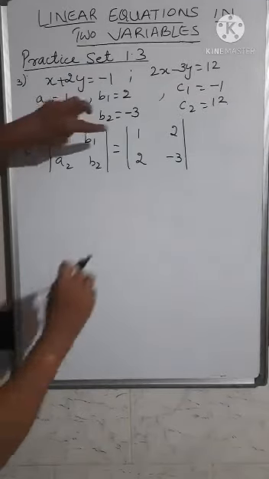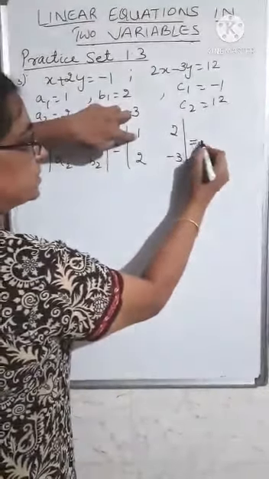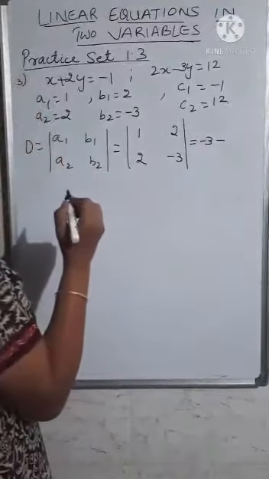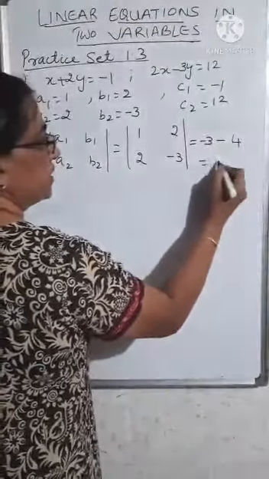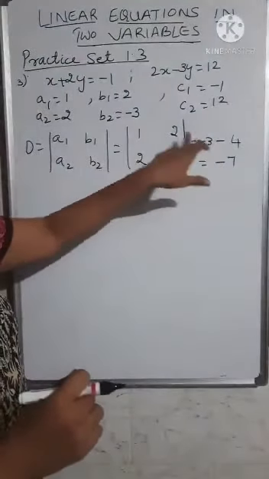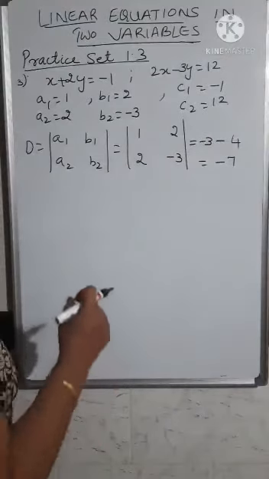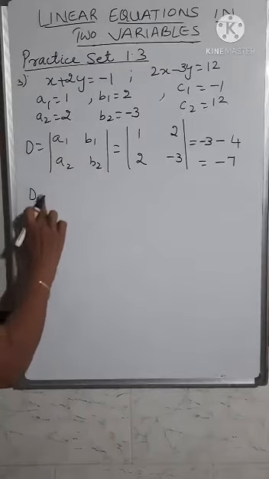So here you get 1 into minus 3. 1 into minus 3 will be minus 3. Then in the formula you have got minus, put that minus. 2 into 2 is 4. So you will get this as minus 7. If you want in detail, you can write, multiply both the, that is write down both the values and do the multiplication.